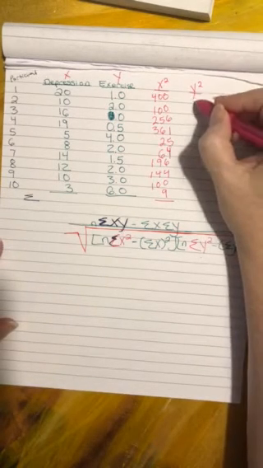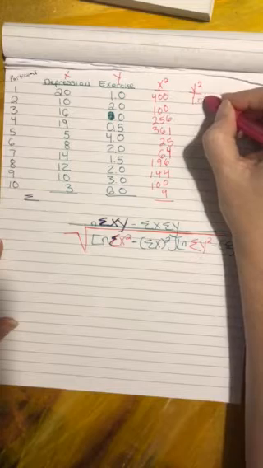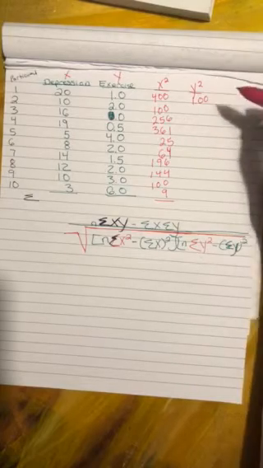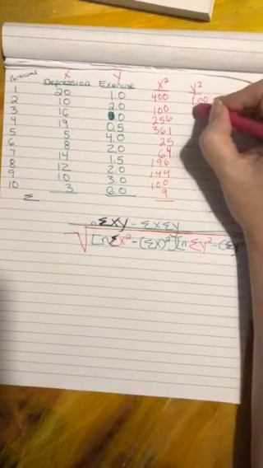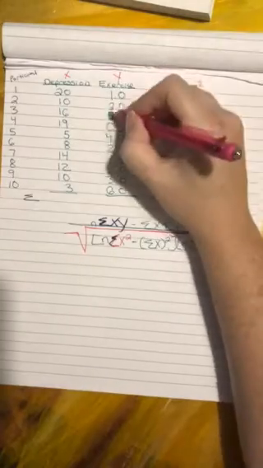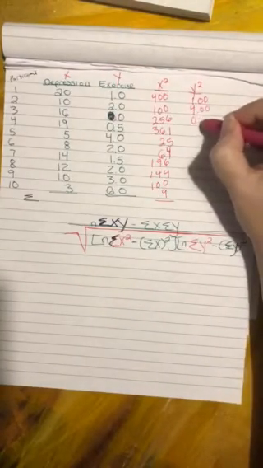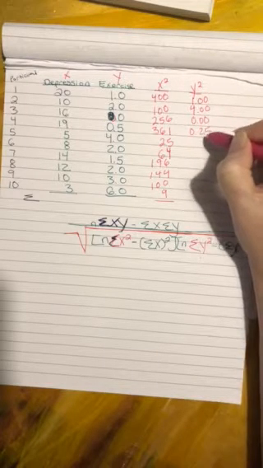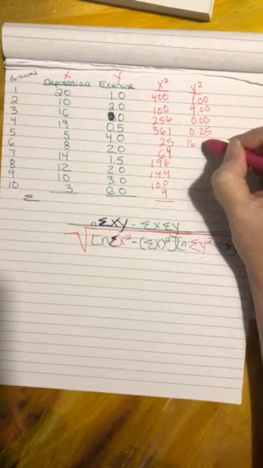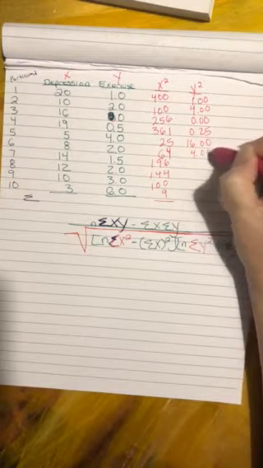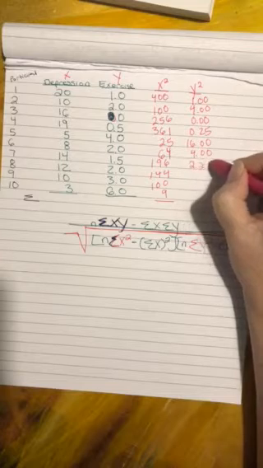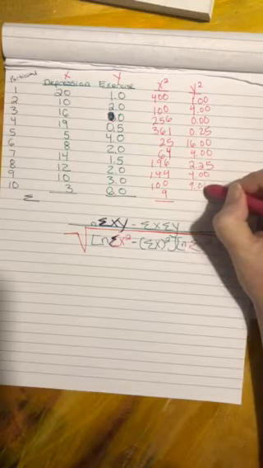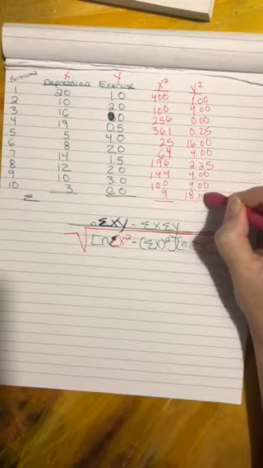Getting started with the first one, 1 squared is 1, and I'm going to add decimals just so that they all line up so that they're easy to see and add up. 2 squared is 4. 0 squared is 0. 0.5 squared is 0.25. 4 squared is 16. 2 squared is 4. 1.5 squared is 2.25. 2 squared is 4. 3 squared is 9. And 6 squared is 36.